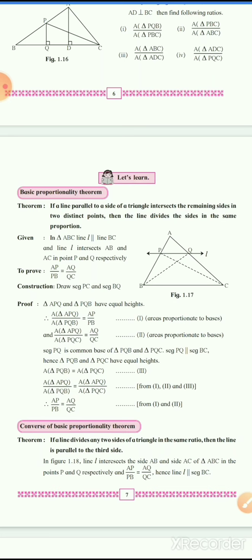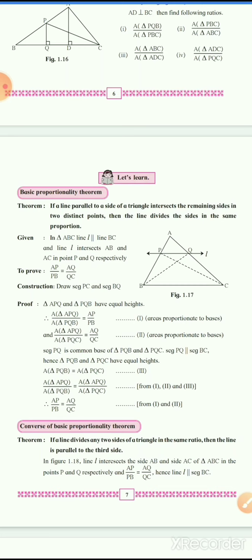Okay, so these points are collinear. So here their height is equal or same. So triangle APQ and triangle PQB have equal heights.